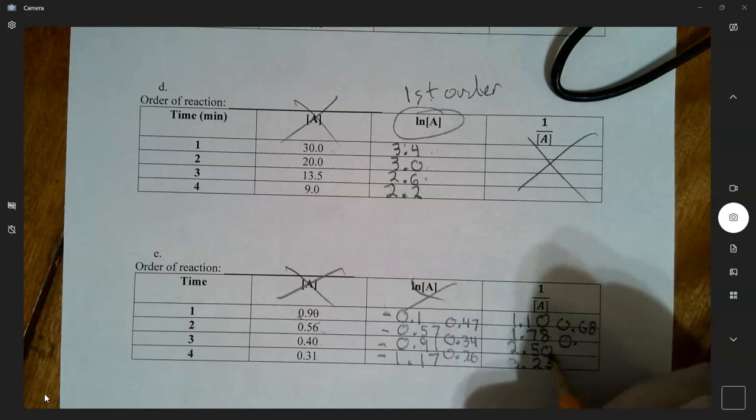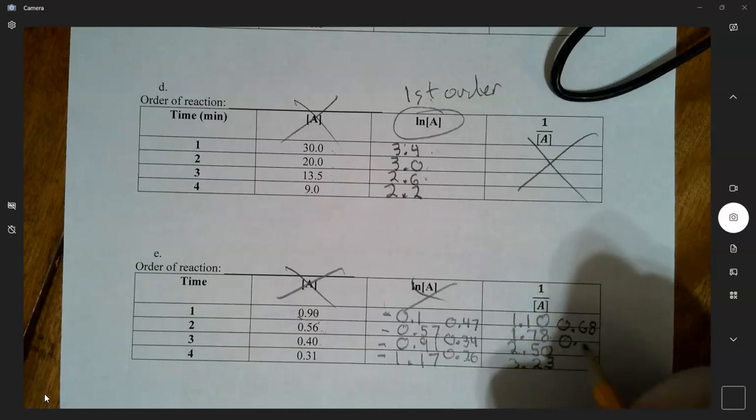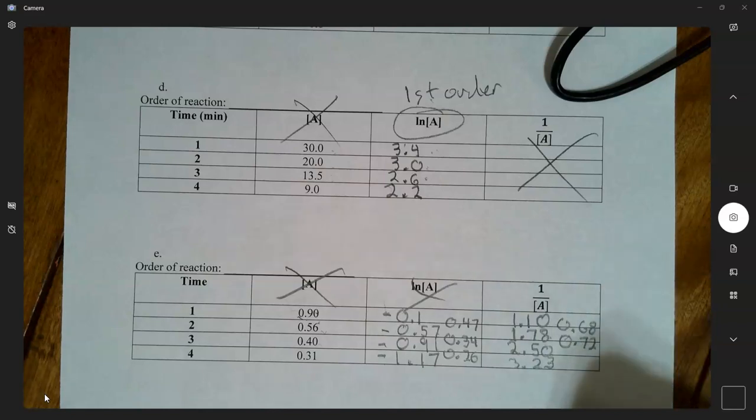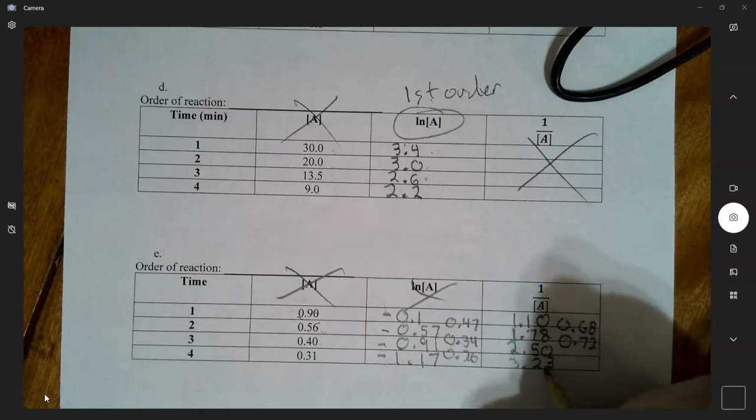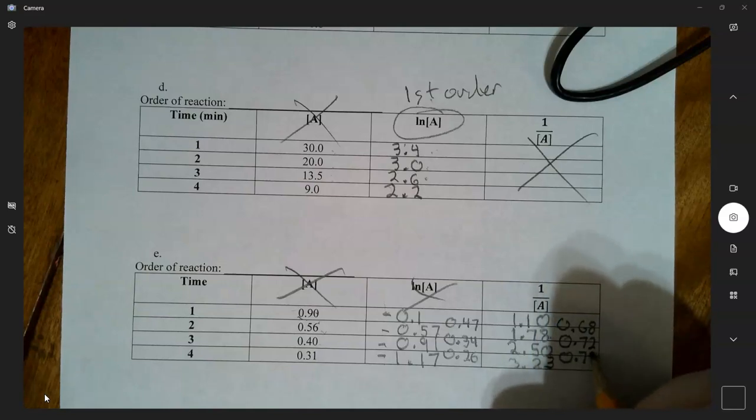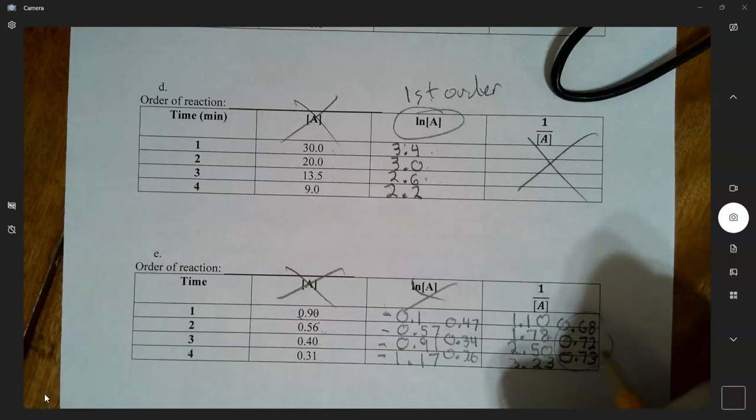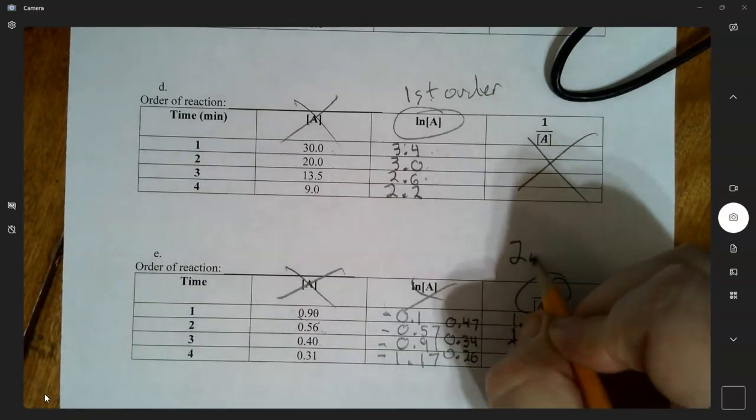What is that? 78, that's 80, that's 70, 72. So those aren't too far apart. Don't rule that out. This is 73. So I would say those line up pretty well. It's rarely going to be perfect in the real world. So we're going to say this is second order.